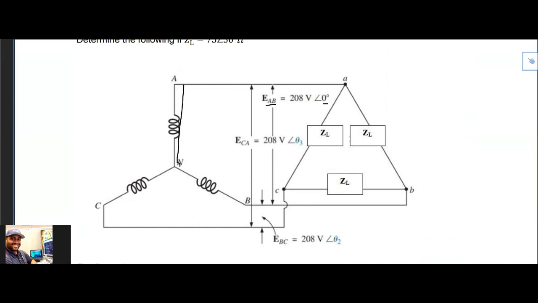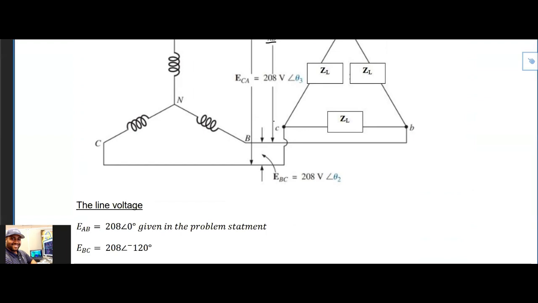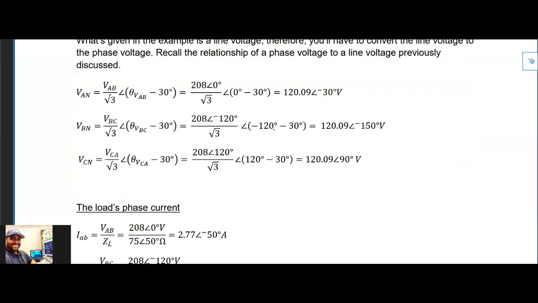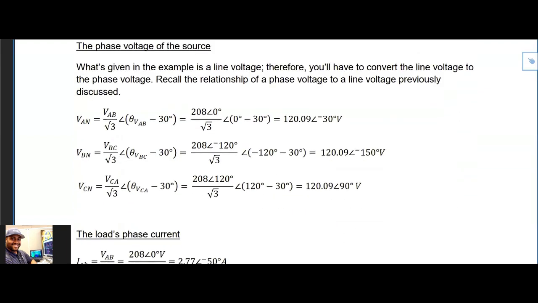We know the voltage across two phases, which is called the line voltage. And so we can just use that equation that we did before whenever we had the Y to Y configuration to solve for the phase voltage across the source.